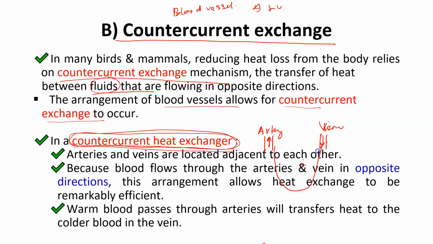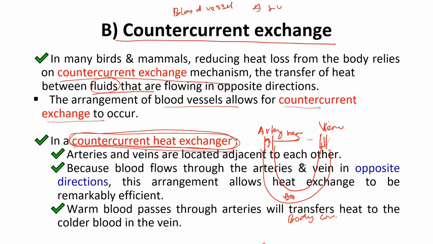So this is the body core. The artery will bring heat along together, and the heat will be transferred to the vein. So we will look at the mechanism shortly. I am changing the arrow back to how it was correct earlier.